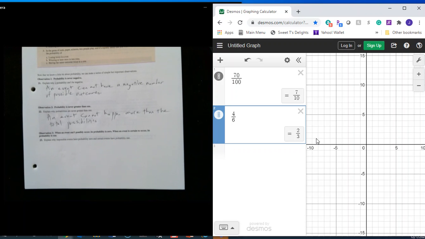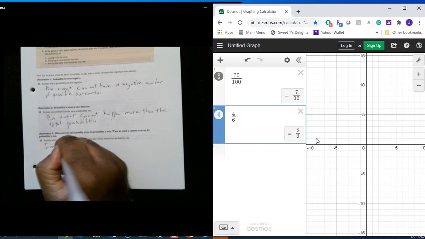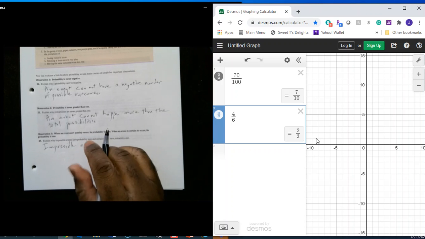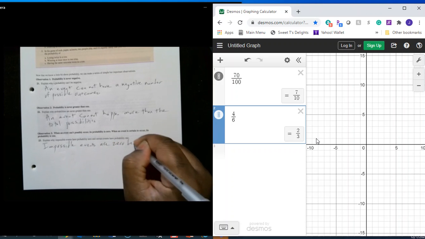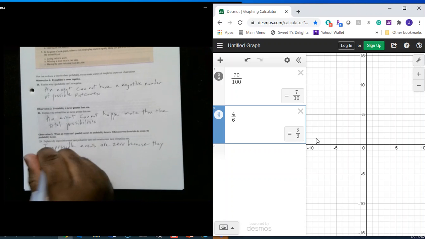Okay, now it says when an event can't possibly occur, its probability is 0. When the event is certain to occur, its probability is 1. Explain why impossible events have probability 0 and certain events have probability 1. Impossible events are 0 because they cannot occur.